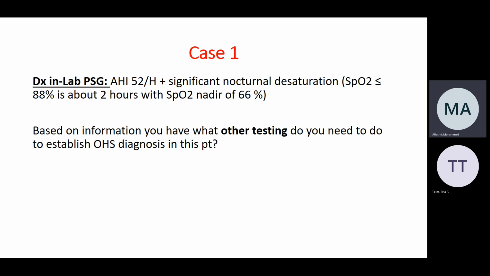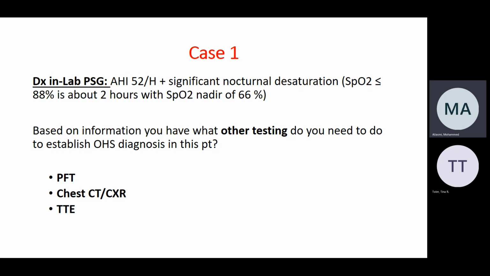You don't have to do EMG or anything, but at least make sure that you have a thorough exam. You examined the patient's chest appropriately and did a thorough muscular and neurological exam to make sure that you're not missing any muscle weakness, because that can explain some of these findings. So this is what I did for this patient.